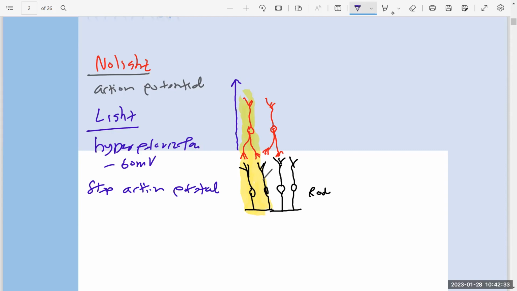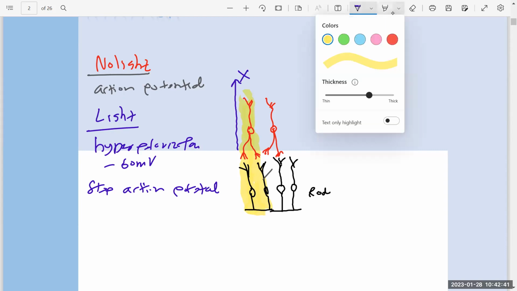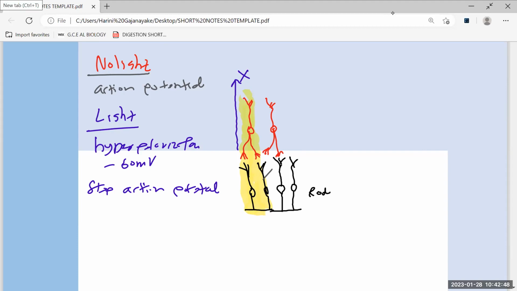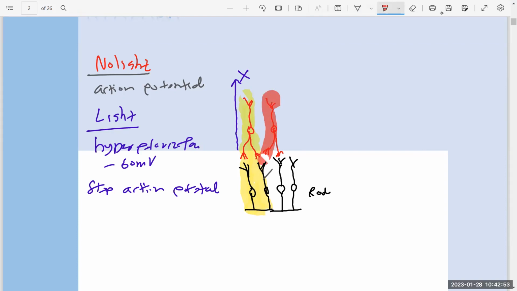So now there is no action potential from this place. Then what will happen? A different bipolar neuron activates. For example, this bipolar neuron activates. The yellow side is closed due to hyperpolarization, and the other side activates. So now this one communicates with the brain.